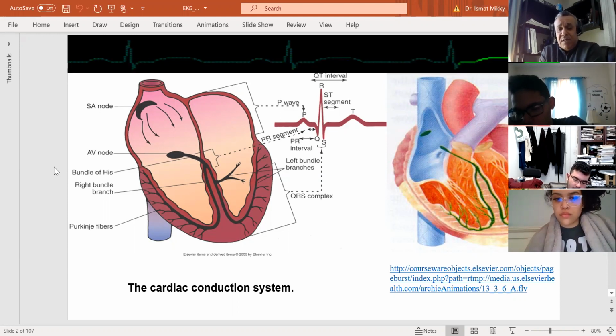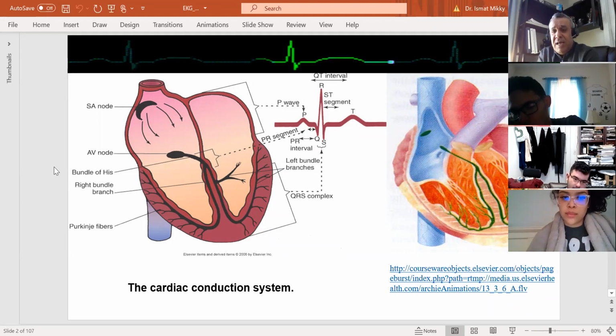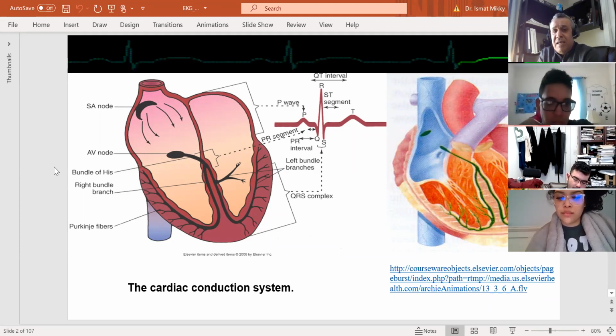Then this impulse will originate naturally from the SA node, and after this impulse is fired, it will transmit through the atria. So it will innervate the atria, right and left atriums. And then after that, the impulse will reach the AV node.